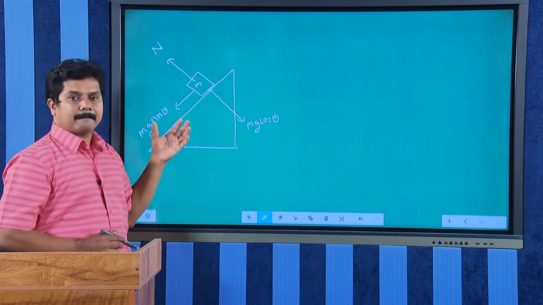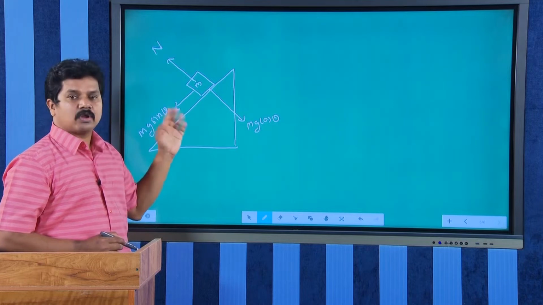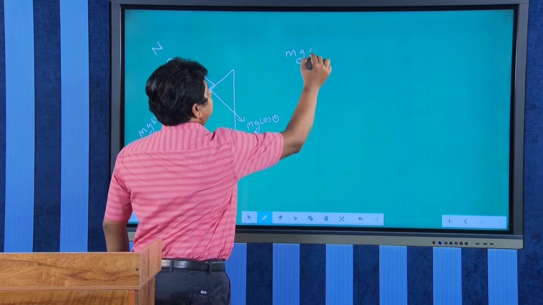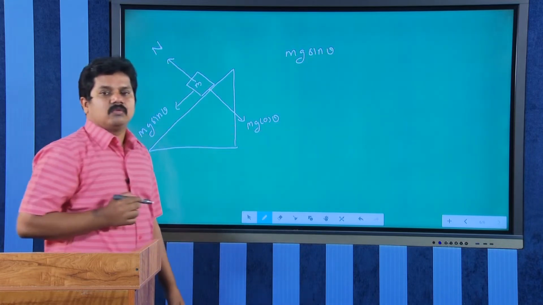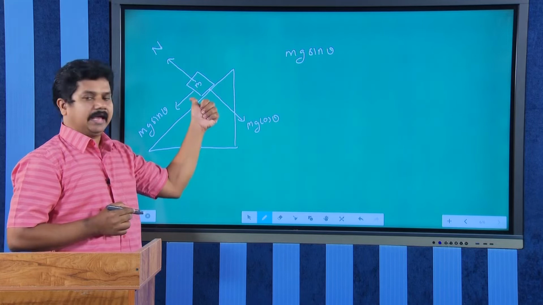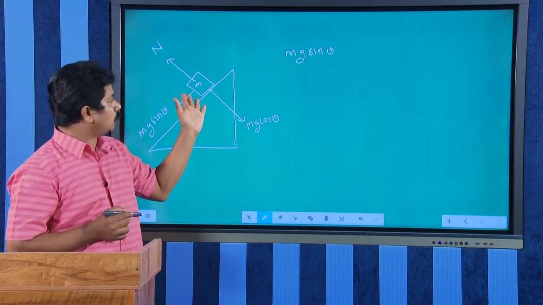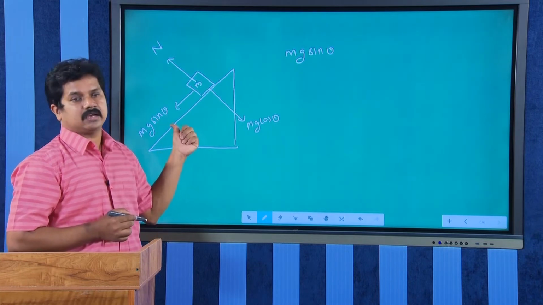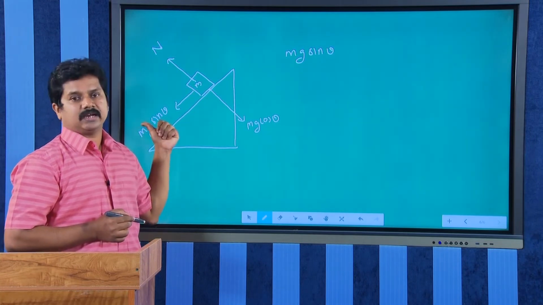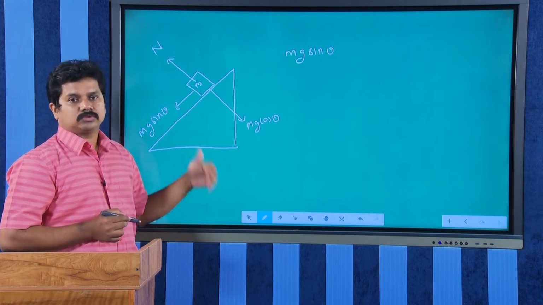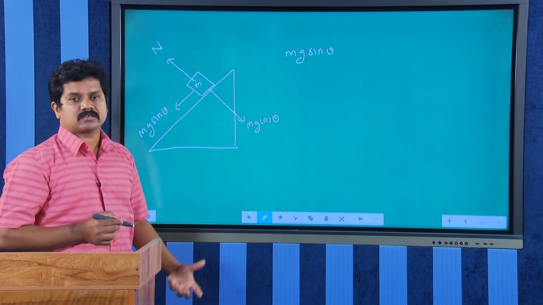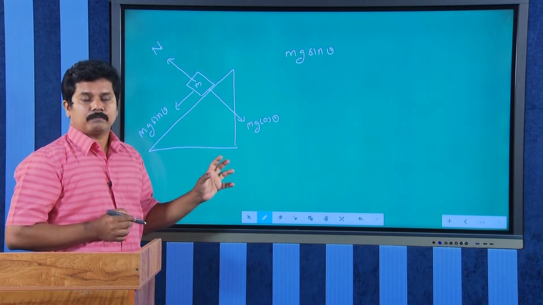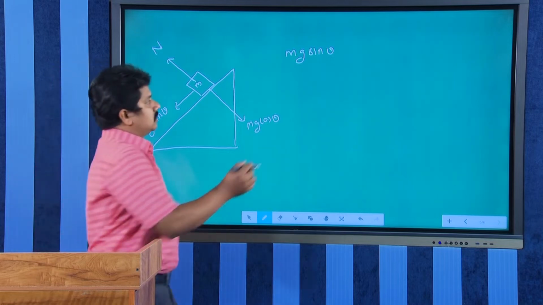So, what will be the acceleration of this block along the plane? See, mg sin theta is the one and only force acting on this block along the plane. Is there any other force along the plane? No, right. So, due to this mg sin theta, the block will slide down. Now, what will be the acceleration? How do we find the acceleration? We know net force acting is equal to mass of the block times acceleration.